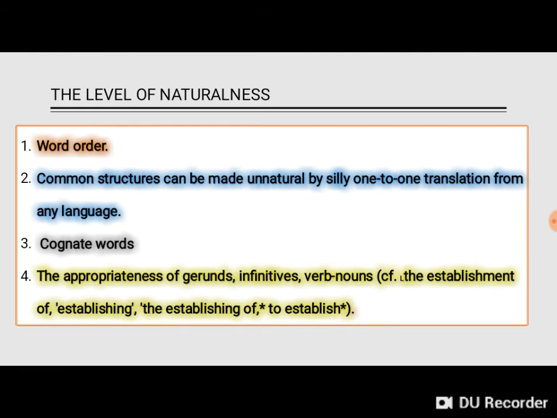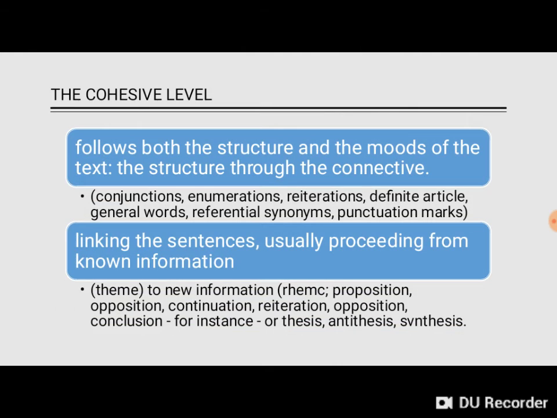However, if such expressions appear in a dialogue and are spoken by middle-aged or early characters, then a corresponding refined translation is appropriate. The cohesive level follows both text structure and moods of the text.